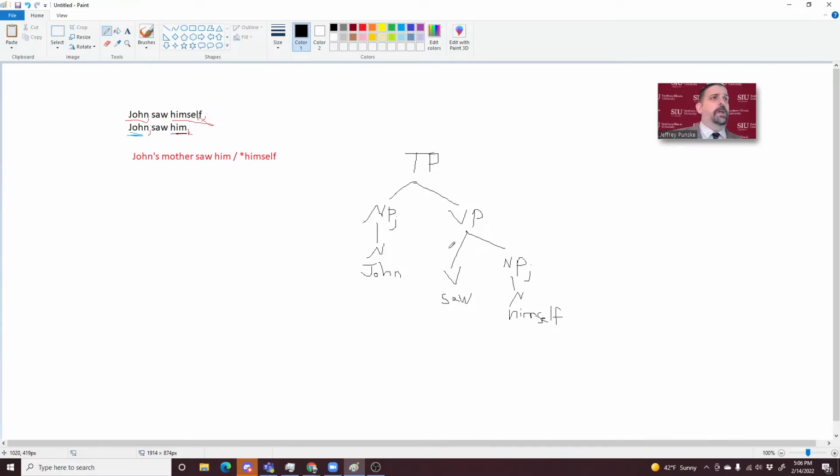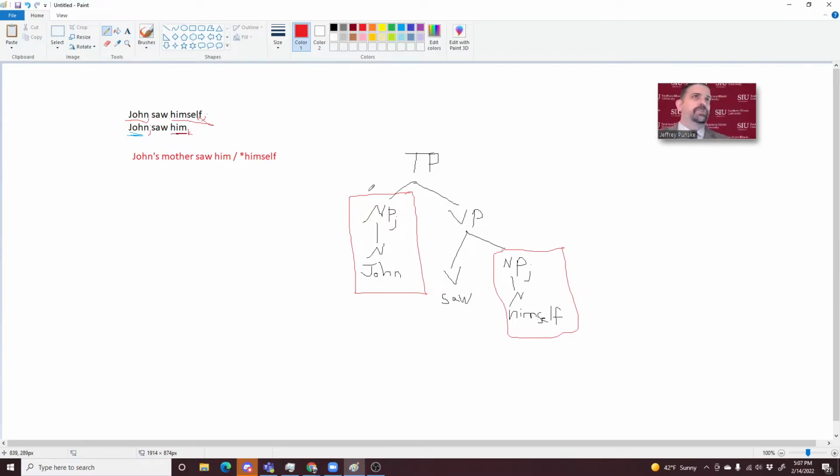Okay, so let's make a few observations here. We can look at this tree, John saw himself, and ask what observations we can make. Well, the first observation is that this noun phrase John is in an asymmetric C-command relation with himself. This is going to be real important to us.